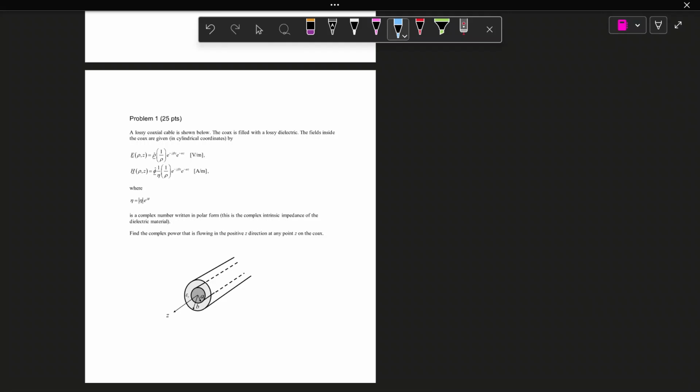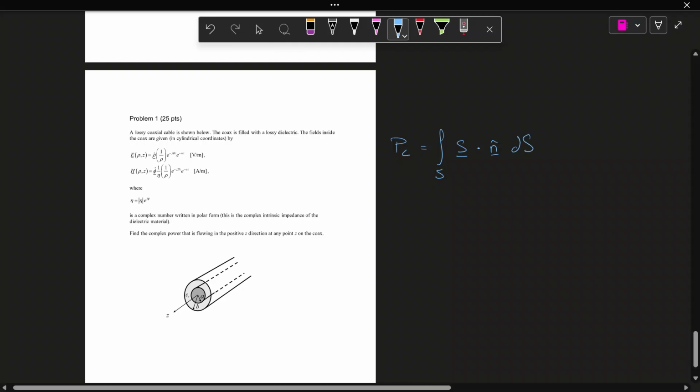Now, let's start here by getting some equations down that we will definitely be using for these problems. The first one: find the complex power, denoted by P subscript C, is equal to the surface integral of the pointing vector dotted with its normal vector with respect to the surface area.